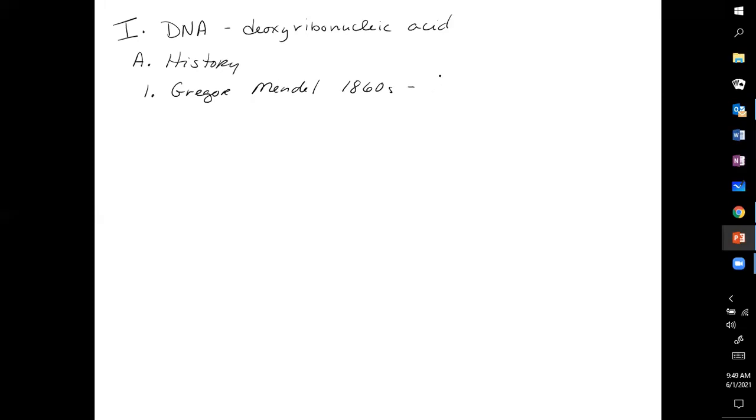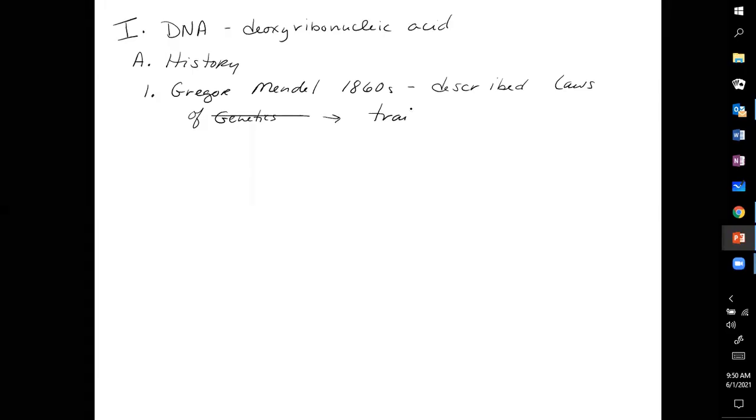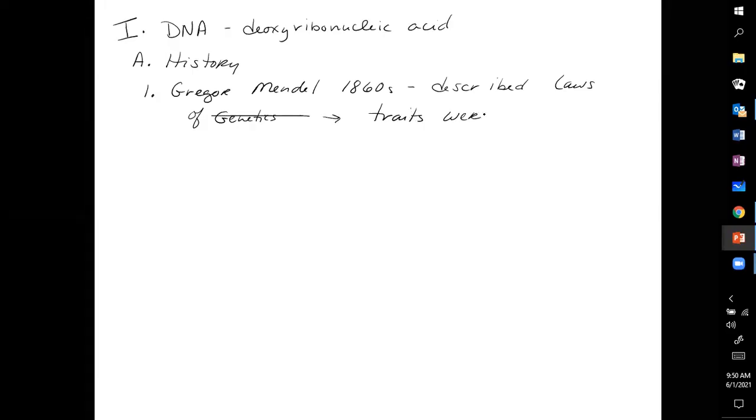And so we've looked at Mendel's experiments, but what he did was he described the laws of genetics, and really what those laws were suggesting was that traits were determined by distinct factors.